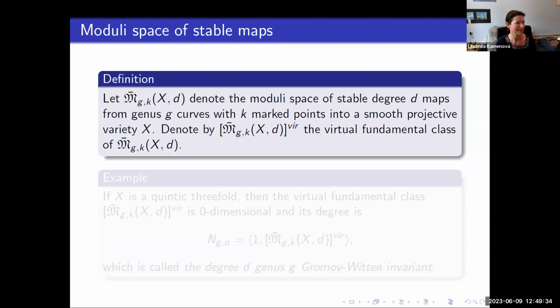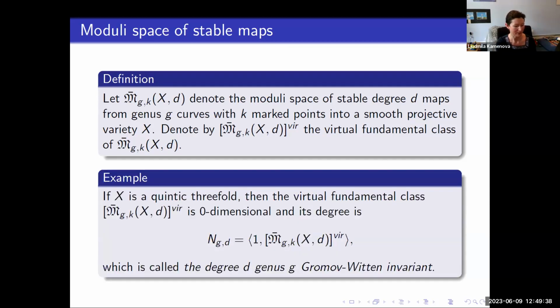And I just want to mention in one sentence that Alexis Zinger basically computed the A side of the physical mirror symmetry, which is a generating function counting curves or stable maps for quintic threefolds.